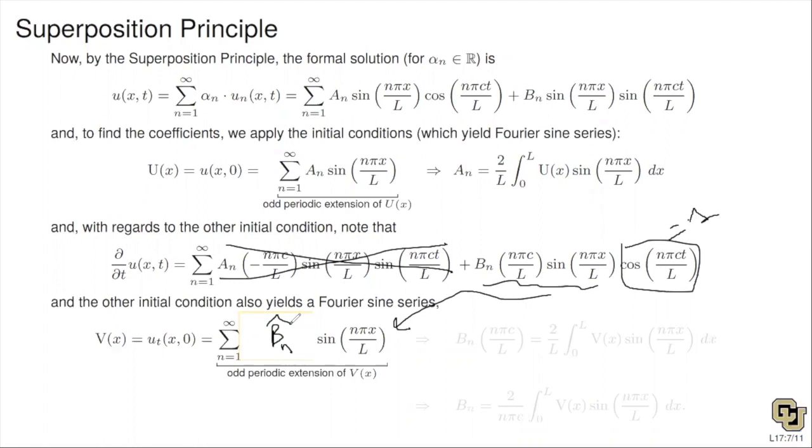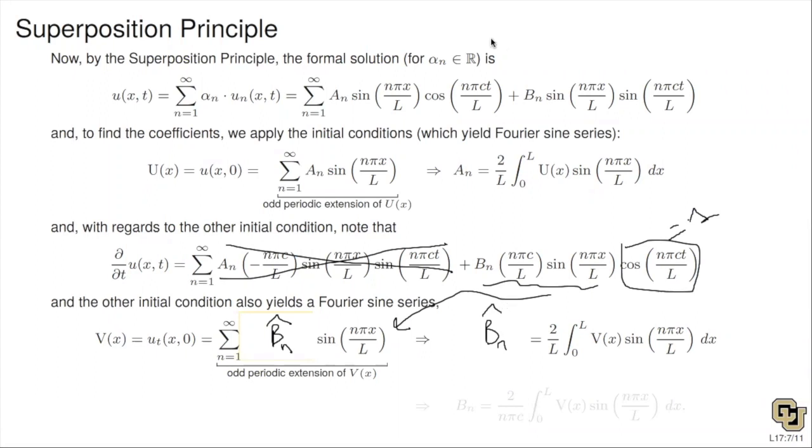We know by orthogonality, I can find the formula for b sub n hat. So here, let me do this in 2 steps. From the orthogonality, the formula for b sub n hat will be 2 over L, integral 0 to L, the function, which is v of x, sine n pi x over L dx.